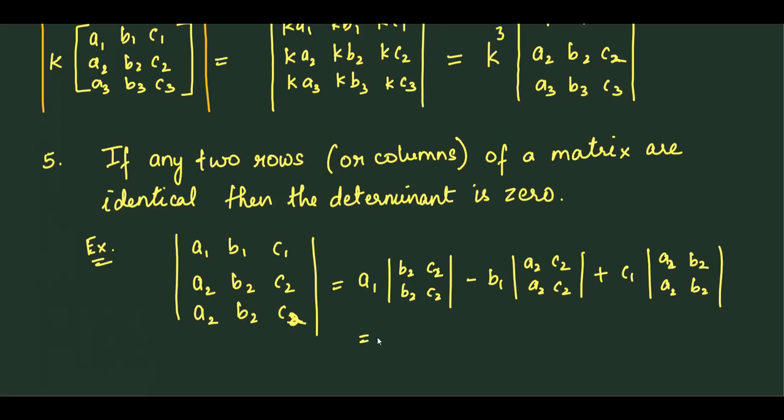So because of identical rows, the cofactors will be 0. For any determinant, this property is valid. As long as you have two rows or two columns identical, you just put the determinant as 0. This is a very useful property.